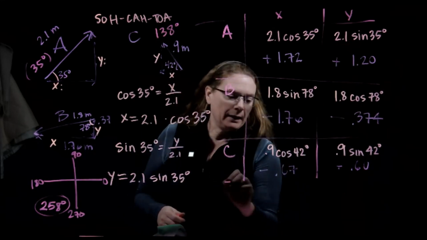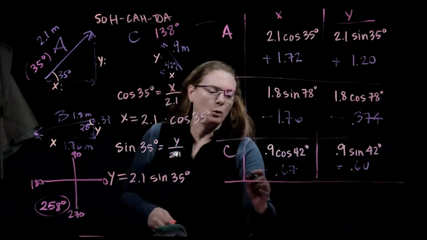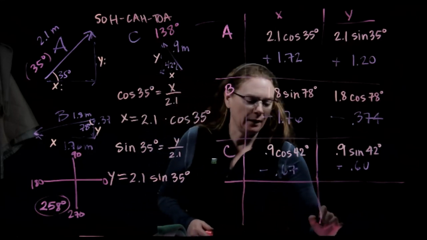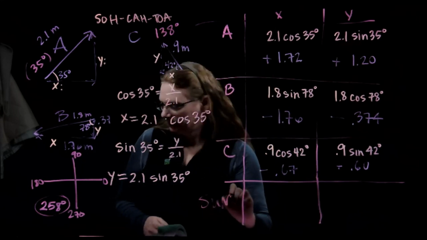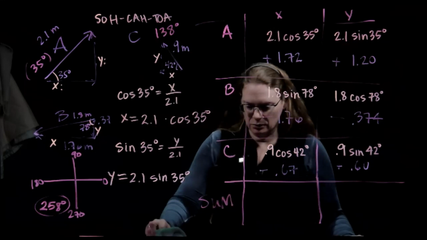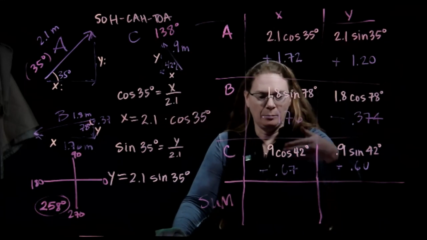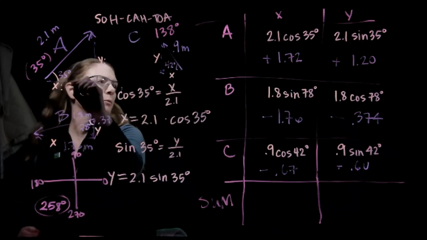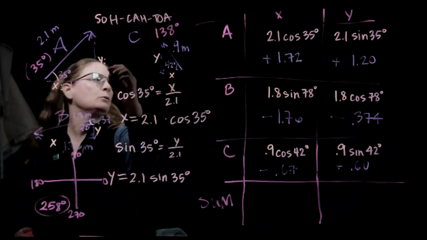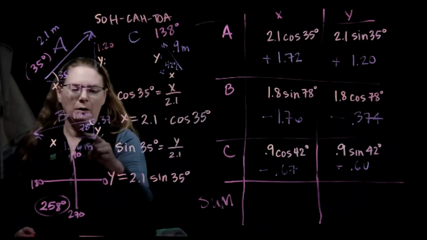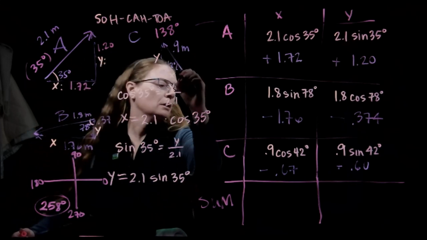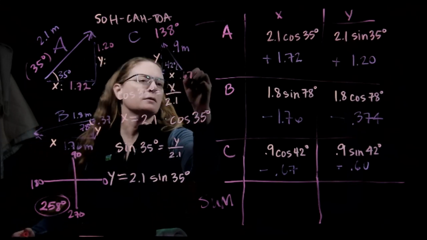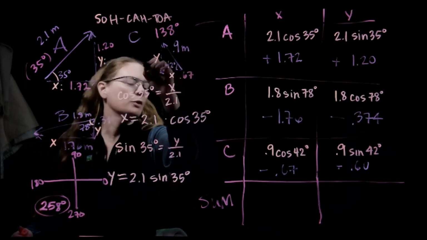All right, now that we have all of our components, what we do is we do the sum. Okay, and to do the sum, we're just literally adding up these pieces. I'm going to add the, let me just put them on here, 1.72 and 1.20. I did those two, and here I've got 0.67 and 0.60.